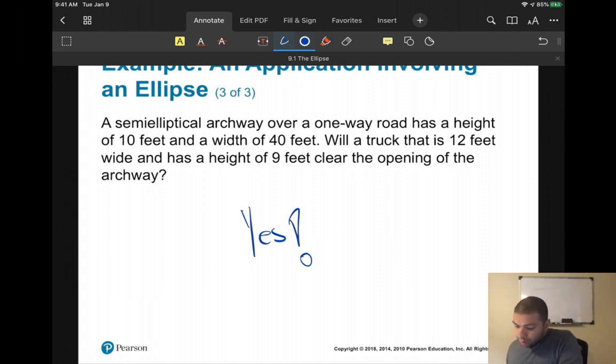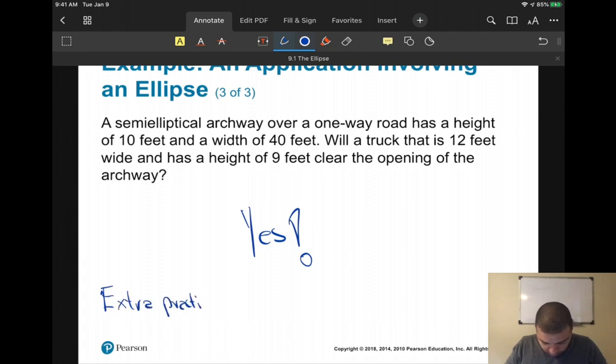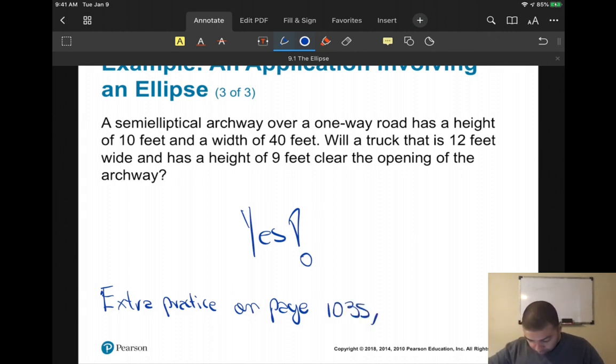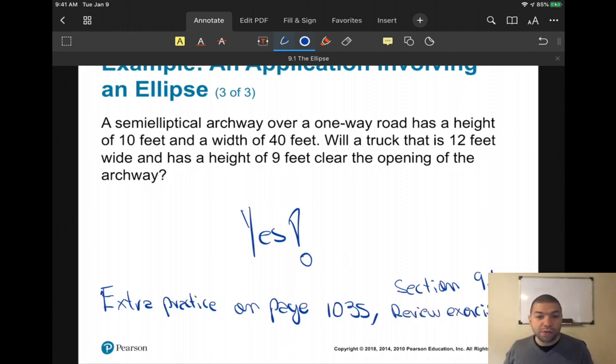If you go to the review exercises, page 1035, section 9.1, review exercises, you should be able to finish them all. Just solve as many as you need.